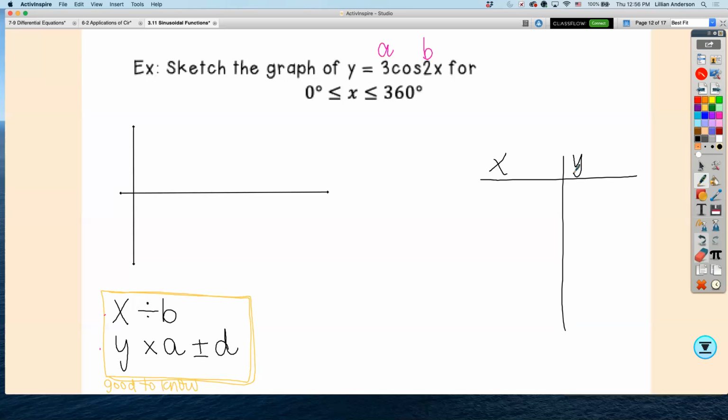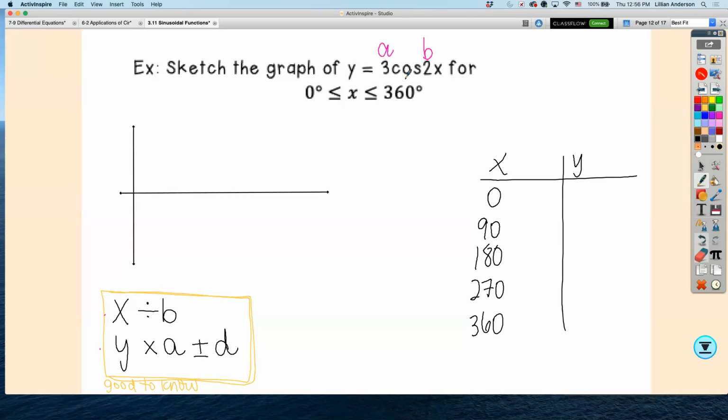I'm going to take my original X values, which were my angles, the big 5: 0, 90, 180, 270, and 360. Again, this is how I like to do it, just so I can keep everything nice and clean and clear. Since this is a cosine function, I need the Y values for cosine. Y is different from sine.